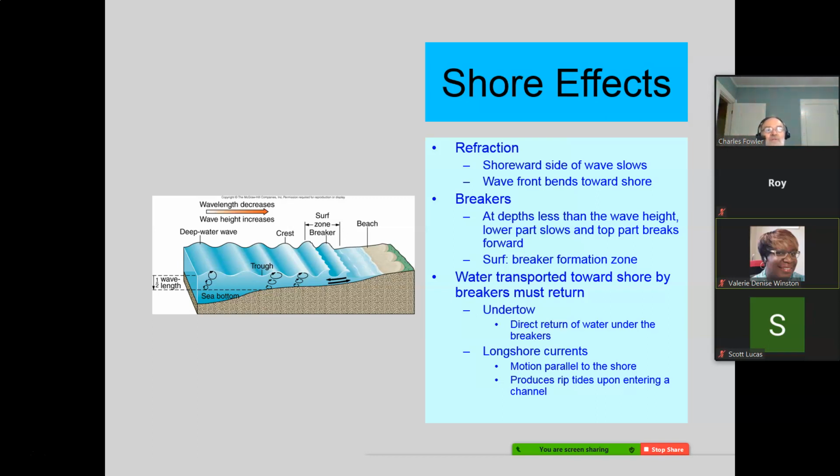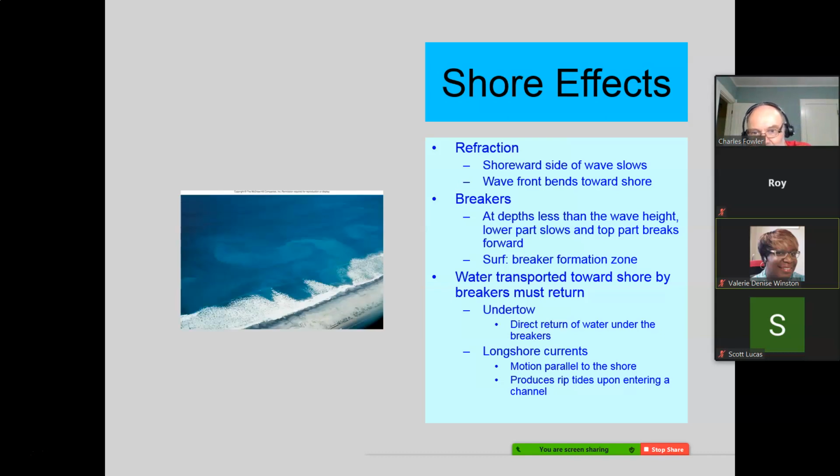Now you get pulled in two directions and can really get sucked under. Those are called riptides. The longshore currents produce riptides when you enter a channel, a deep place in the floor of the ocean. You can't tell it's a deep place, it's just out there.